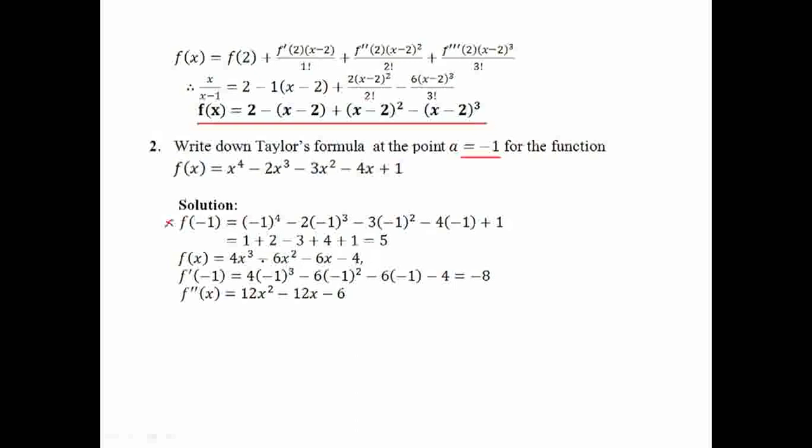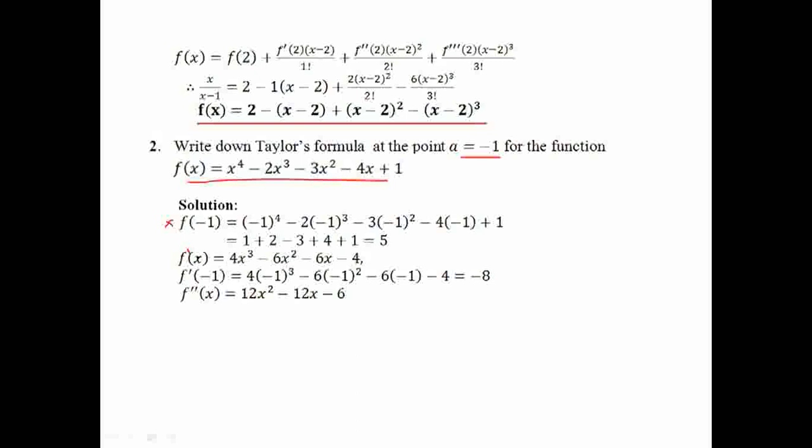Then we move to the second stage, which is to find the differential coefficient, f prime. Differentiating the given function with respect to x, we get f'(x) = 4x^3 - 6x^2 - 6x - 4.